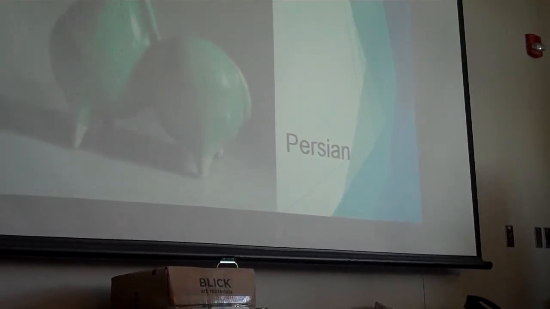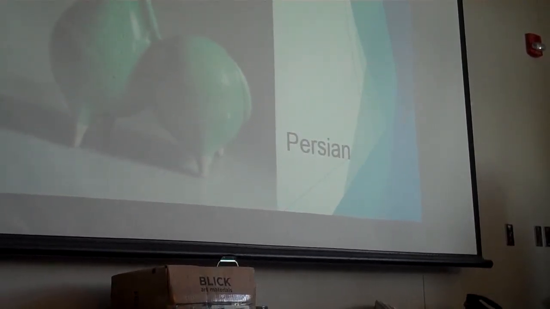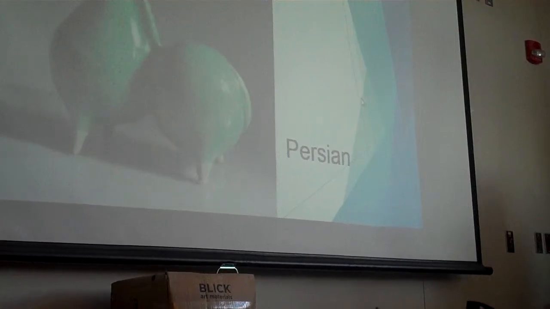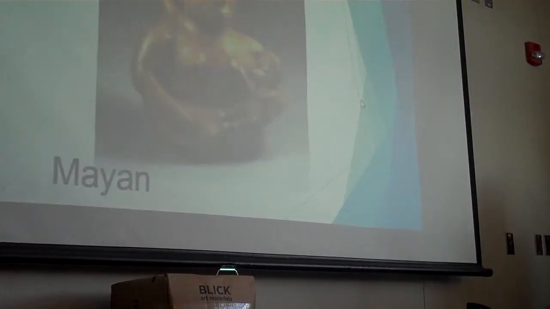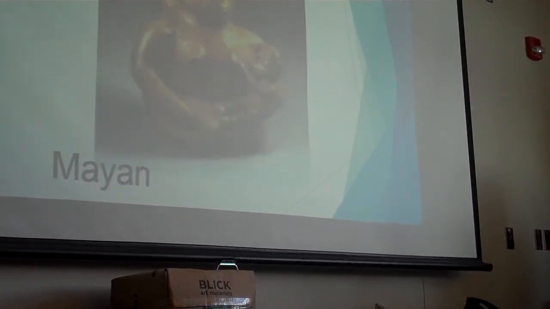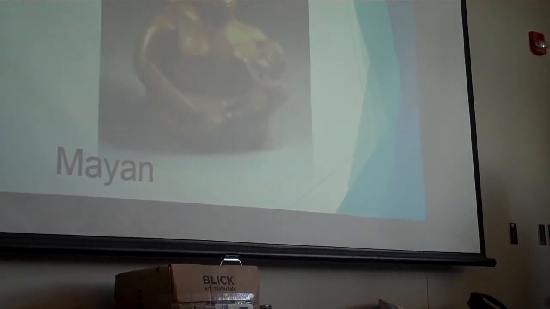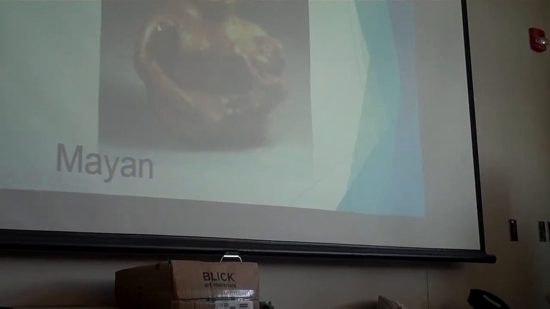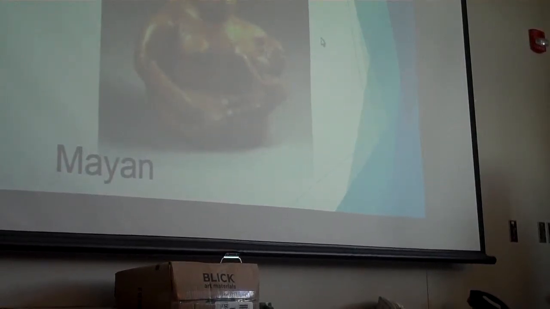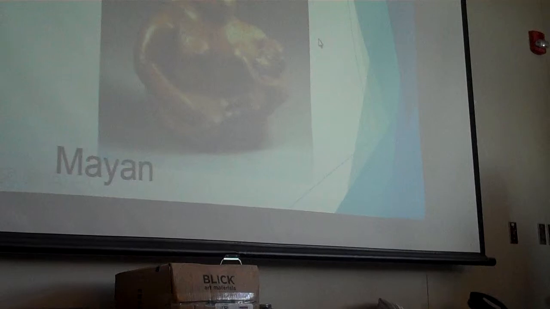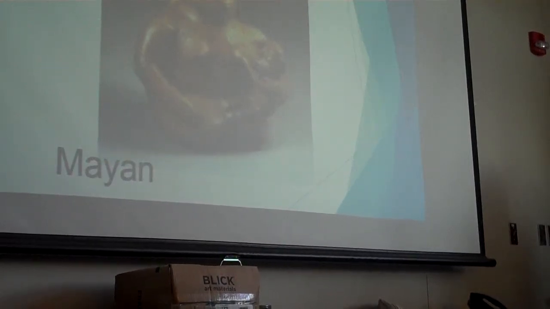It's not difficult to get. So Persia with the horse, and again, the very sophisticated lines. Mayan, very down to earth, and of course, earthy colors. This looks like it was somewhat glazed or maybe even burnished.